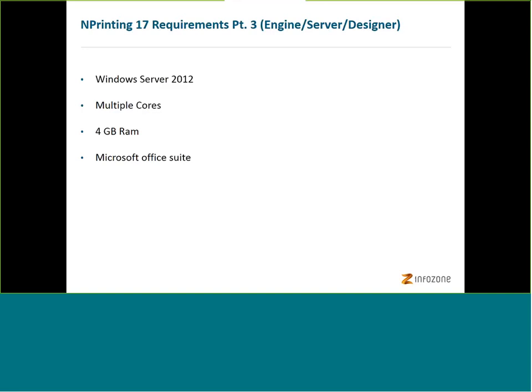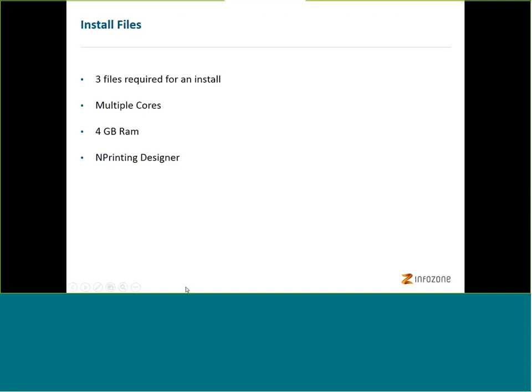I imagine if you had 4 gigs of RAM on a server and 2 cores, and you have even 20 users, you're going to run into bottlenecks as far as performance, depending on the demand of reports. And then we have our install files: the NPrinting server, the NPrinting engine, and the designer.